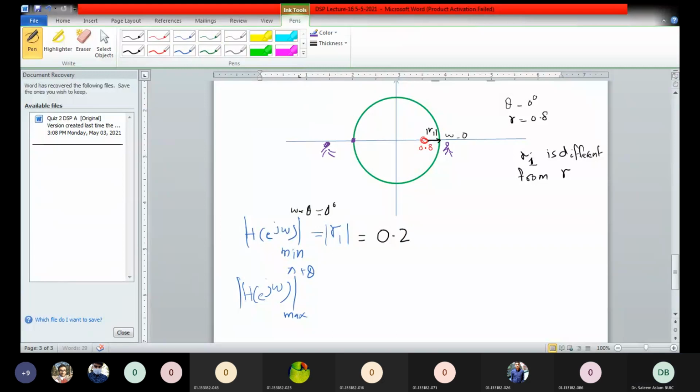Now you are here. So at this point, what you need to do, you need to draw a vector from the location of a pole, the location of a 0 to the point where you are interested to find the frequency. So let me draw it with some different color. Let me take this one color.